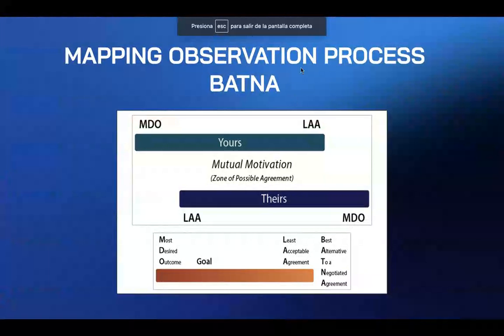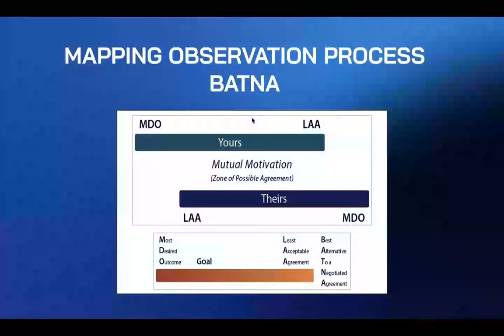And what we do when we're trying to reach an agreement is that we all have a most desired outcome and a least acceptable agreement. So what we try to do is to find this mutual motivation and zone of possible agreement between the most desired outcome of each party and the least acceptable agreement of each party.